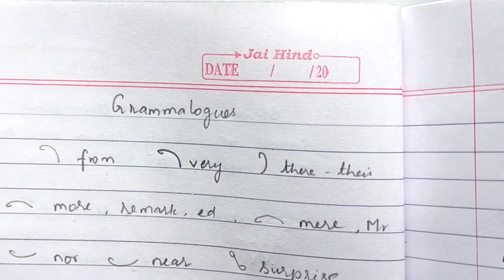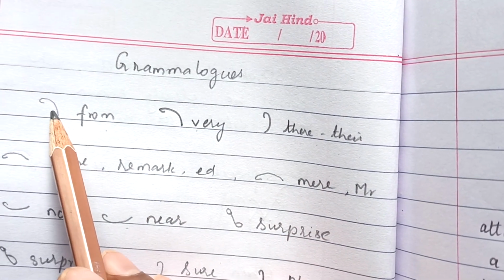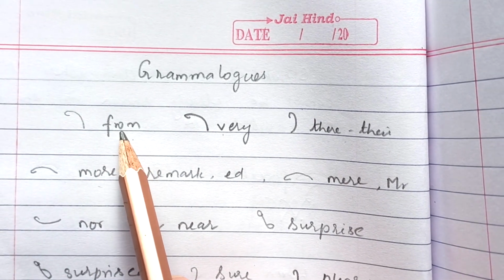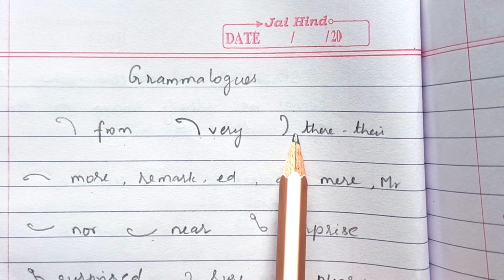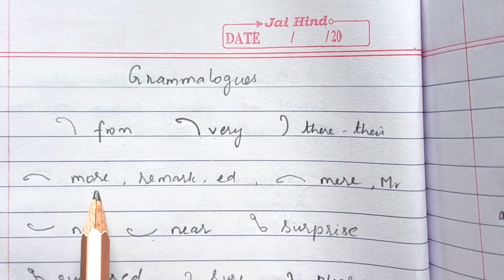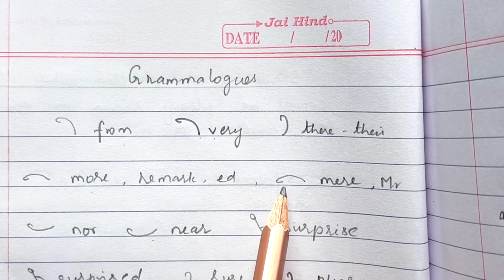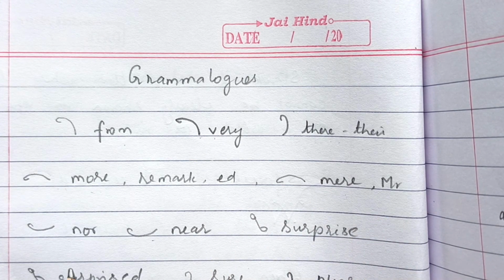And further, we have the grammalogues for today. The alternative form of fur on the line is from. Then bur on the line, very. Thur on the line is there or their. And mar above the line is more, remark, remarked. Same mar on the line is mere or Mr. Nar above the line is nor, on the line is near.